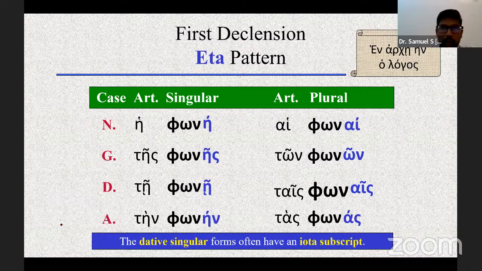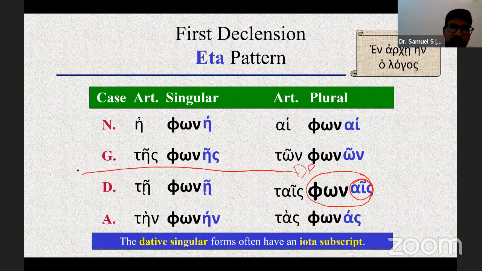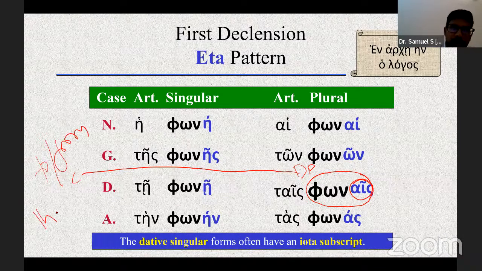So remember again, I told you, if you ever see phonais in a sentence, your mind should immediately recollect that this ais ending is dative plural. And you should immediately say the way to translate this is to or from the voices. Why?